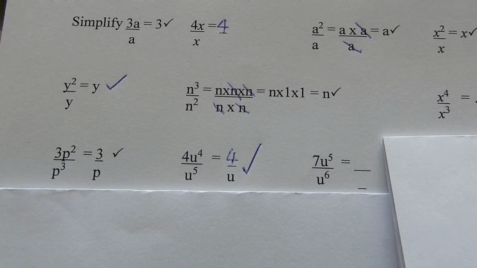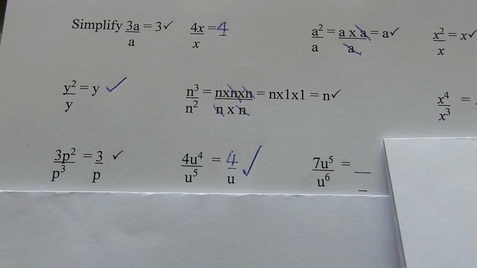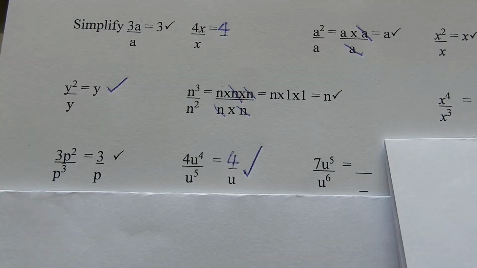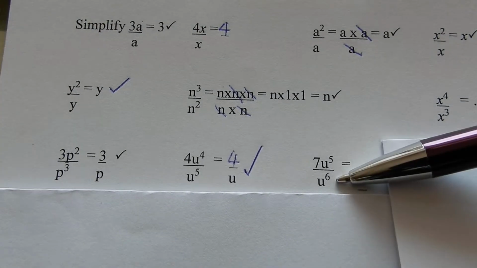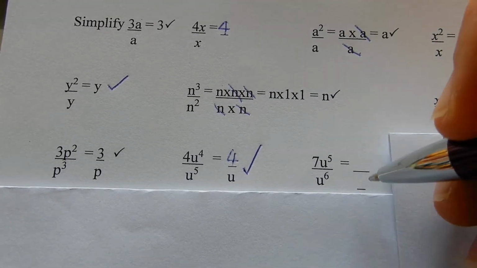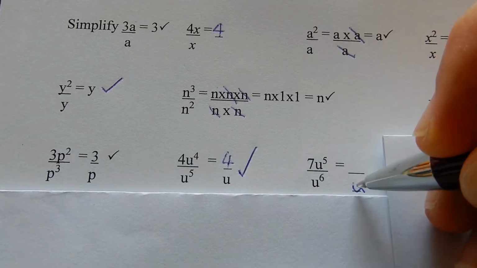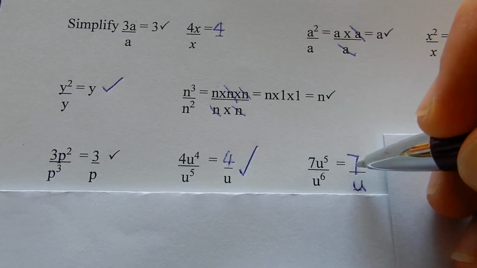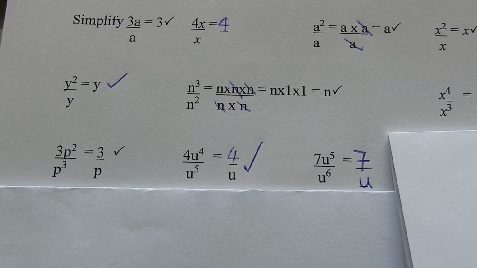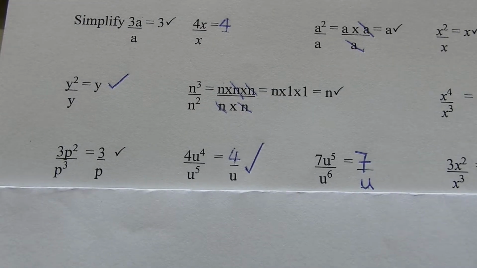I like ticking things. 7u to the 5 divided by u to the 6. Again, we've got one more u on the bottom than we have on the top. So after the algebra, one more u on the bottom and no u's on the top. Just one. That's all that's left over after all that cancelling. There we go.